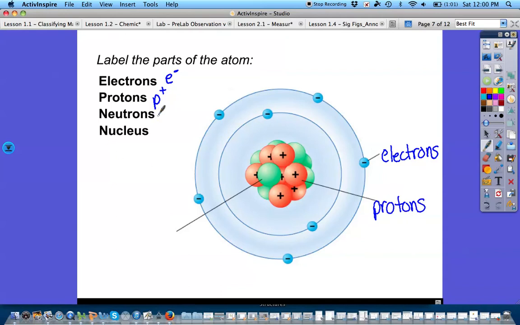The neutrons, it is lowercase n with that 0 and the slash through it for shorthand. And those are green dots with no charge sign on them. And then to label our nucleus, we're just going to put a bracket around the protons and neutrons that are in the center of the atom and draw a line, and that is our nucleus.